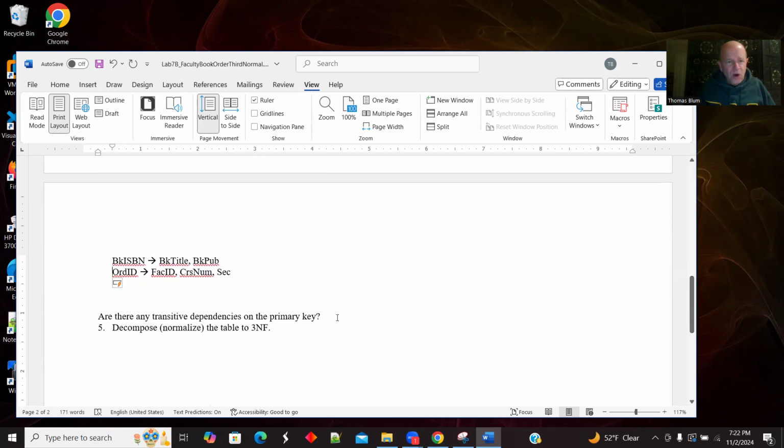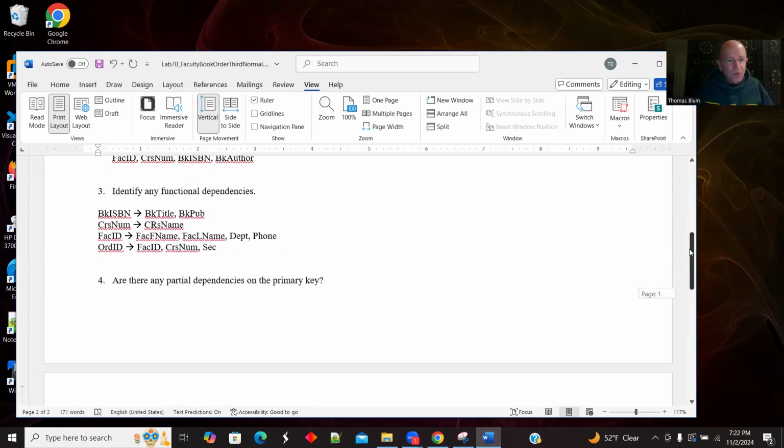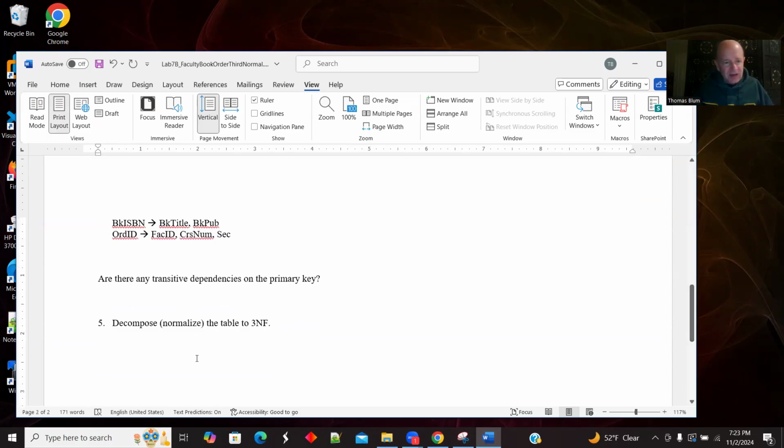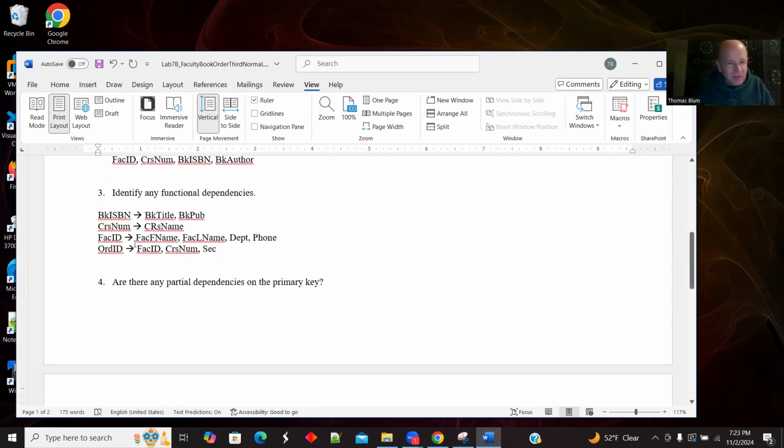Okay. What else? I lost my numbering here, but are there any transitive dependencies? Well, we said that the order ID tells us the faculty, and the faculty tells us the faculty name. So let's put that down as a transitive. The order ID was telling us the faculty ID, which was telling us all the faculty last name, first name, phone number, department.